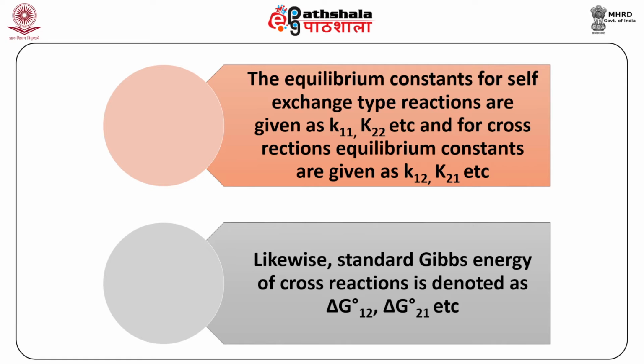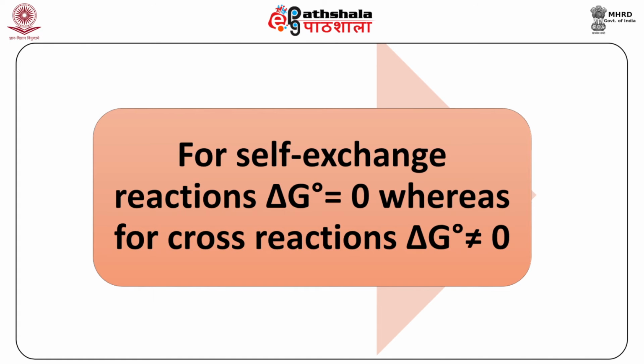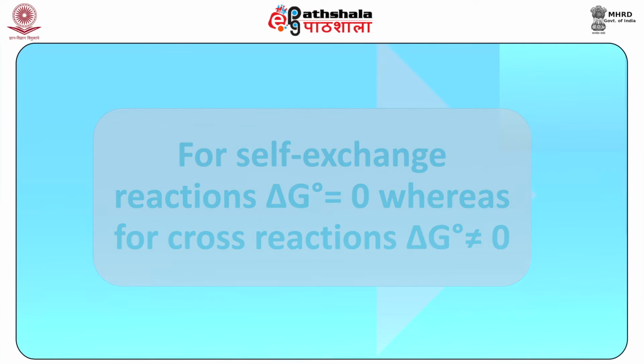Likewise, the standard Gibbs energy of a cross reaction is denoted as delta G0 12, not 11 or 22, and delta G0 21, like that. For a self-exchange reaction, delta G0 equals 0, whereas for a cross reaction, delta G0, that is the free enthalpy, does not equal 0.